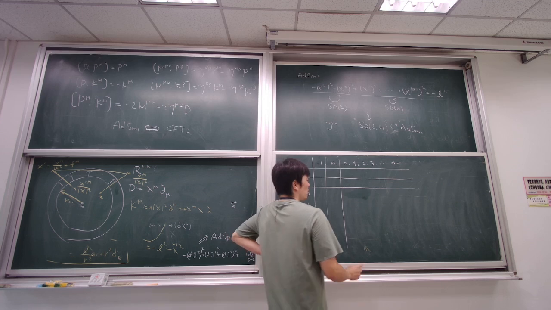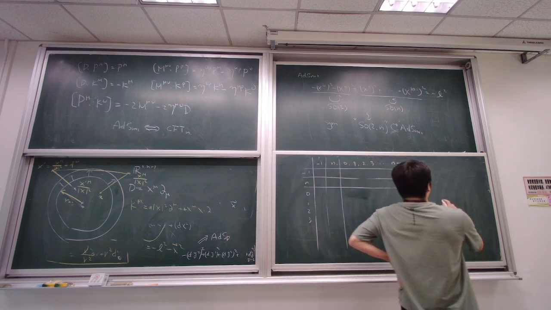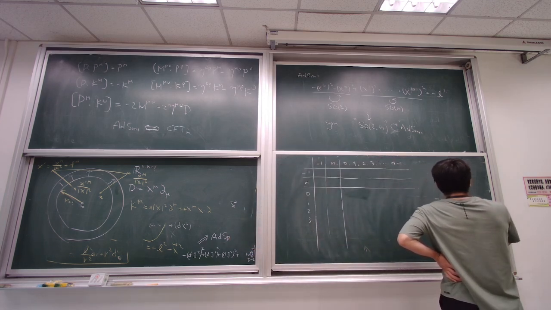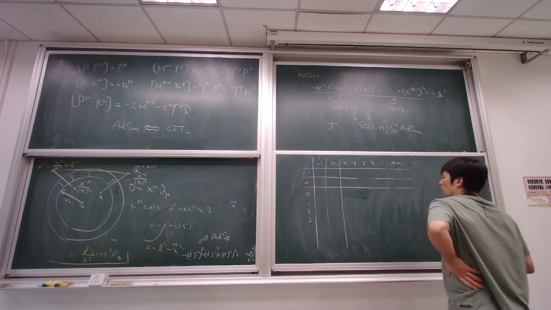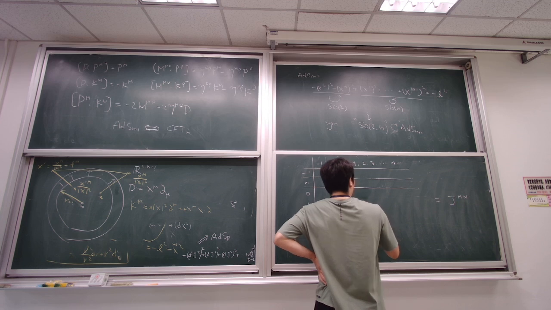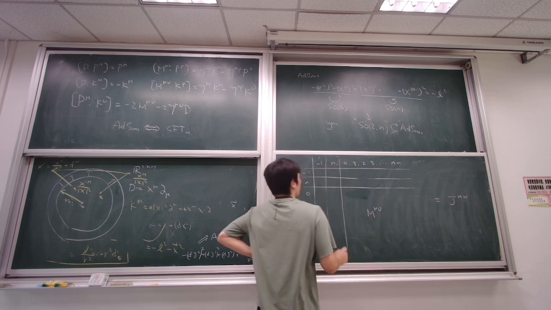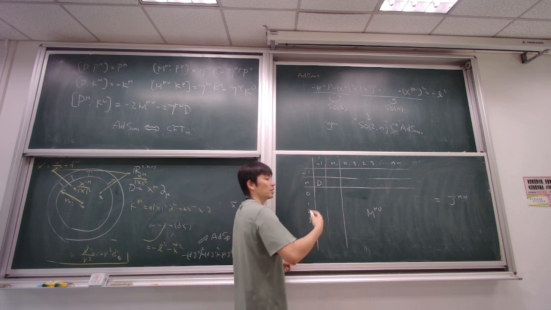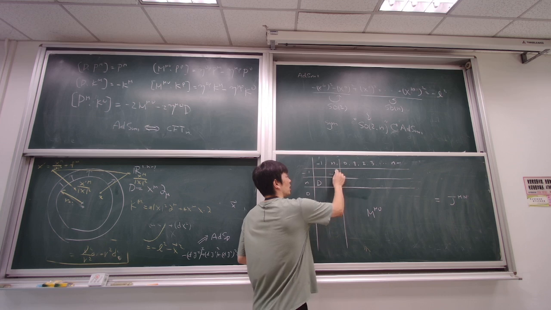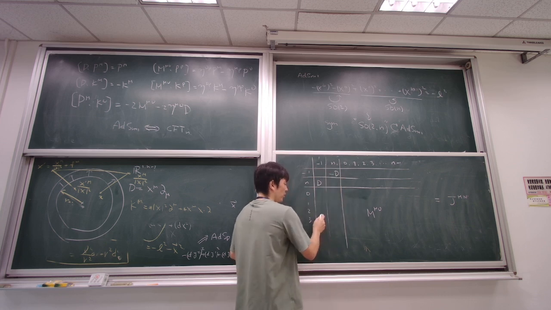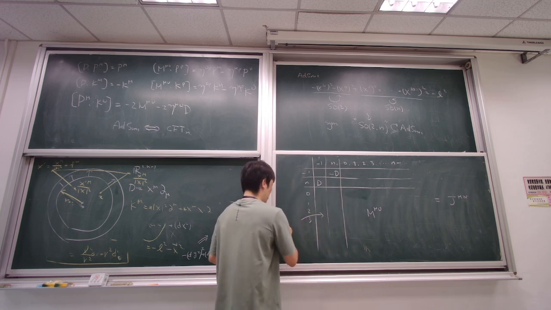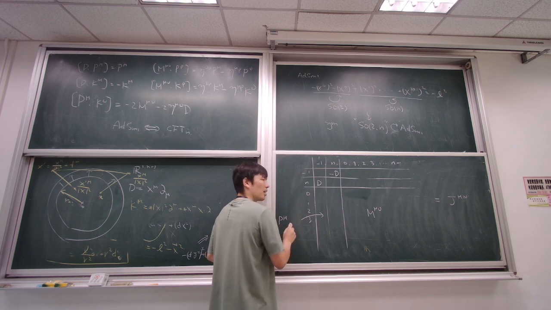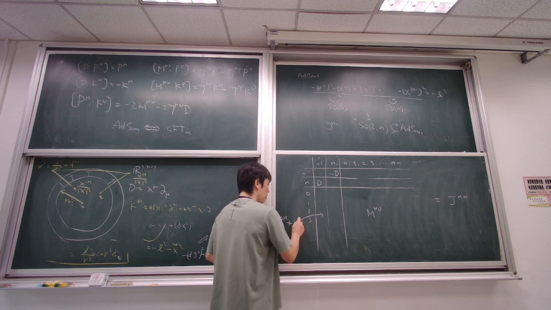In terms of the metric, this is equal to J_mn. Here you have M_mu nu, and you have D here. The rotation is coming here, and since it has to be anti-symmetric, it has to be D. And here we have P_mu plus, I don't remember plus or minus, K_mu divided by 2.